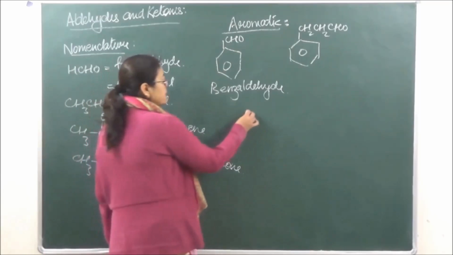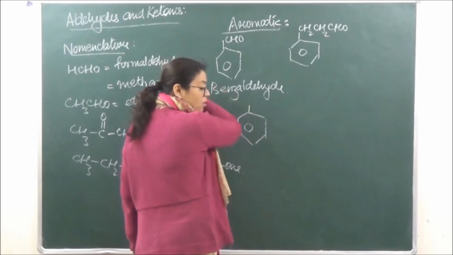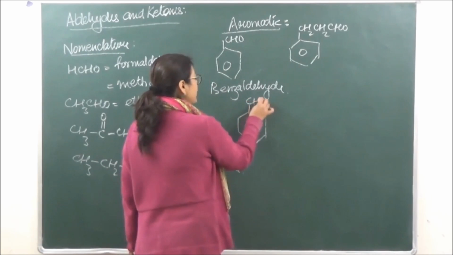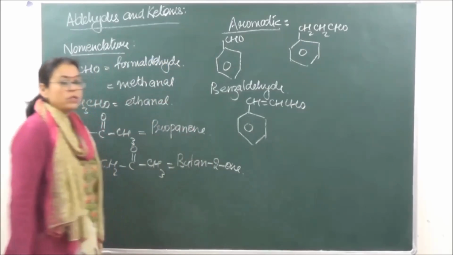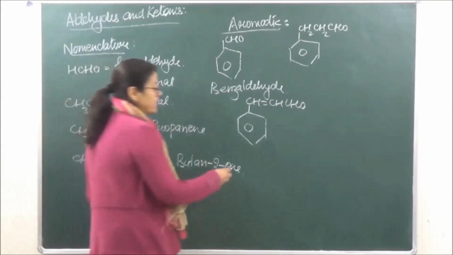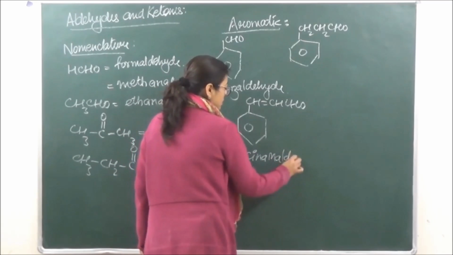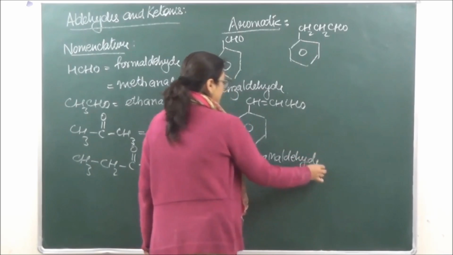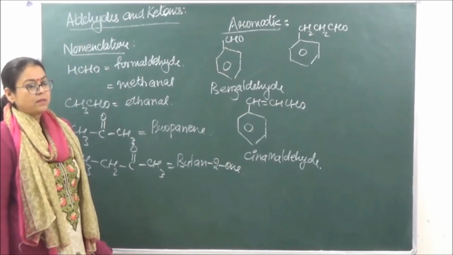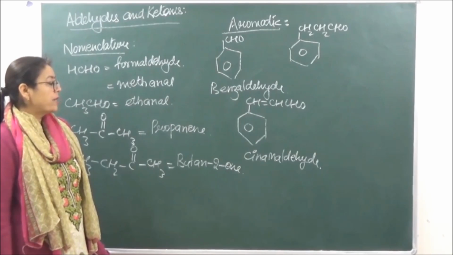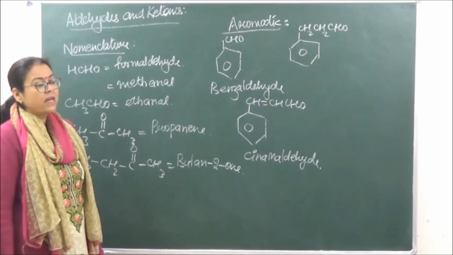Then there is another substance which you will know from the common name, that is CH double bond CH CHO. This is going to be known as cinnamaldehyde. Okay? Cinnamaldehyde is extracted from cinnamon, and it has a very nice smell.